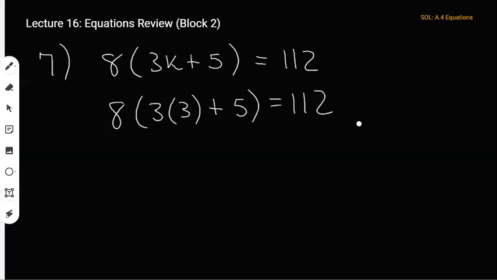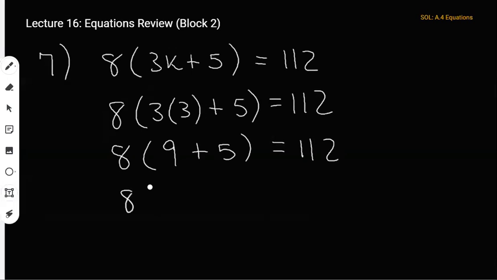All right, so what's the first thing I can do? I notice that I have parentheses, so I'm going to work inside those first. I have 3 times 3. That's going to give me a 9. So really, I have 9 plus 5 on the inside. That's going to give me 14.